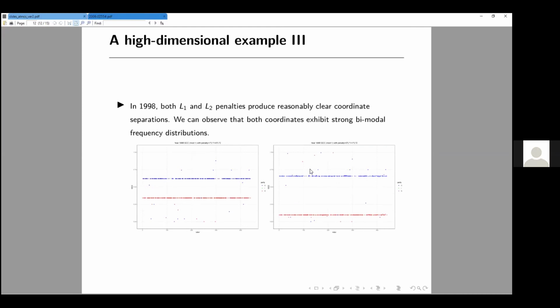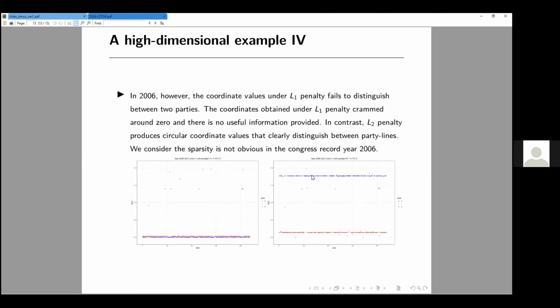And then when the time goes on to a more recent year, 2006, the situation actually reversed. The L1 penalty cannot separate the two party lines well enough, while the L2 penalized circular coordinate separates party lines pretty well. That means there's not much sparsity in the year 2006.